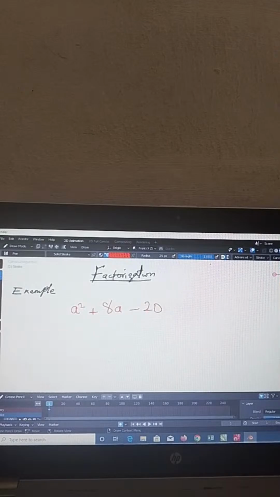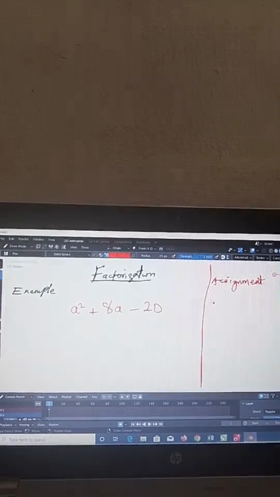Now, for the assignment, make n the subject of the formula in this equation. If you can solve it, put it in the comment section. I'll be waiting for your answer.